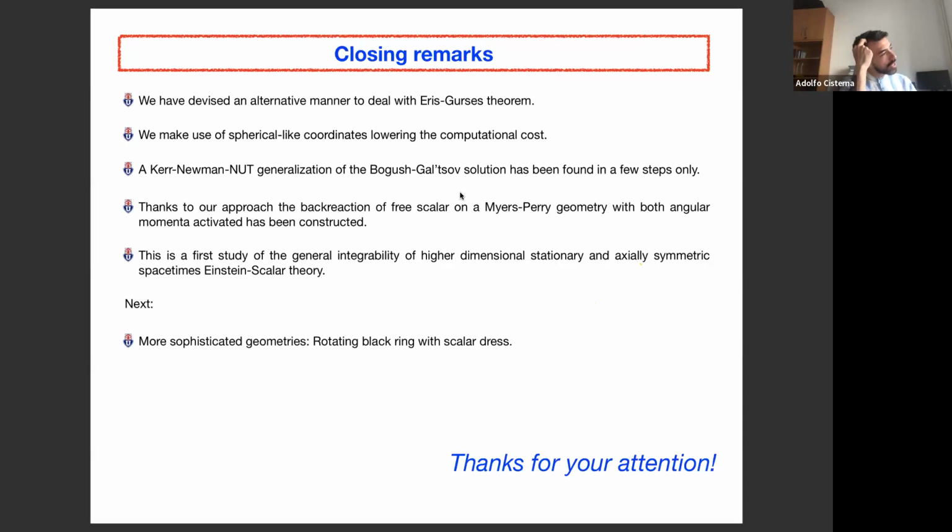But we were looking at this with my colleague, Mokhtar Hassan, and there might be a way out, or maybe you will need to fix the phase of your scalar in a very peculiar way. But it's not clear that you will have the same level of integrability like in Eriş-Gürses when this is real. So I would say being complex will destroy the integrability. That would be my first answer.